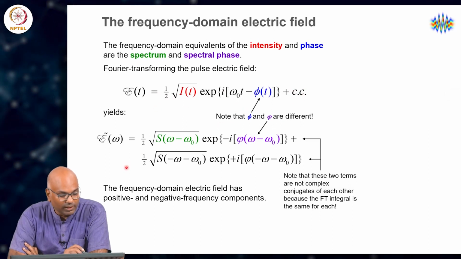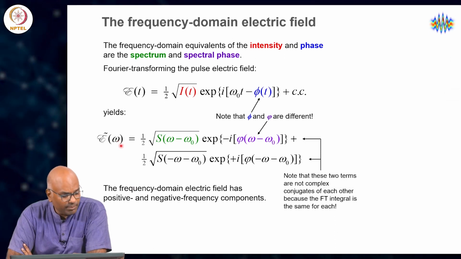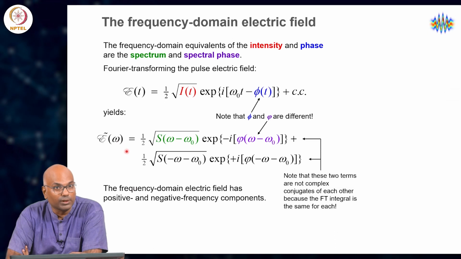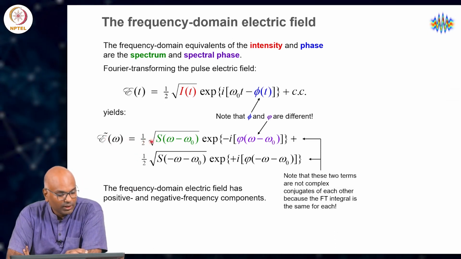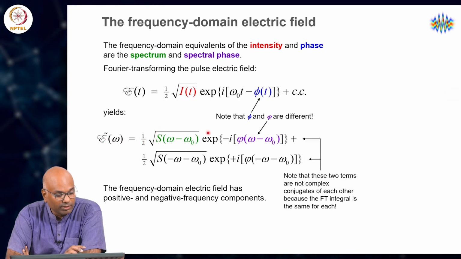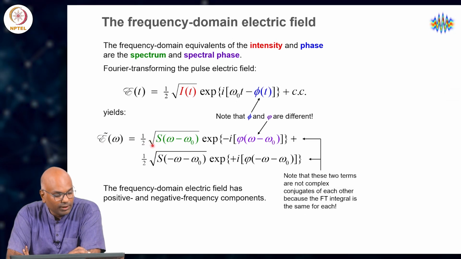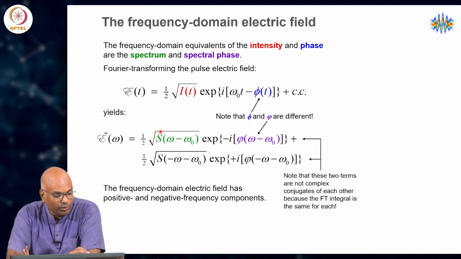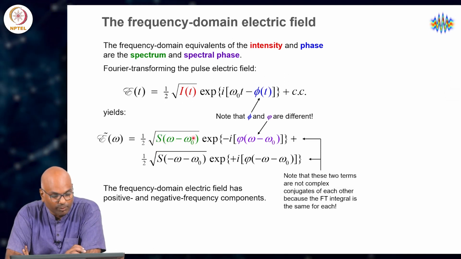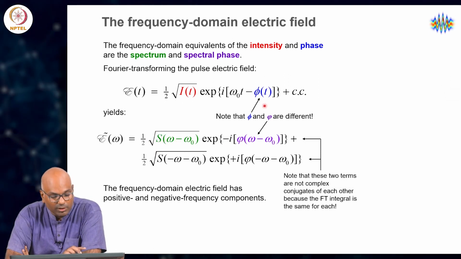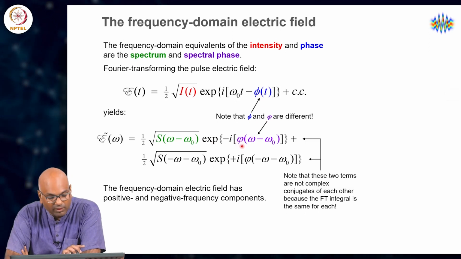So, equivalently we can now write the same expression down in the frequency domain, where we have E tilde of omega is a half, and we have a term mimicking the real amplitude in the time domain, here being replaced with something similar, which is the square root of the spectrum, the function that describes the spectrum S of omega. And now instead of the temporal phase phi of t, we have the spectral phase, which is another phi of omega.